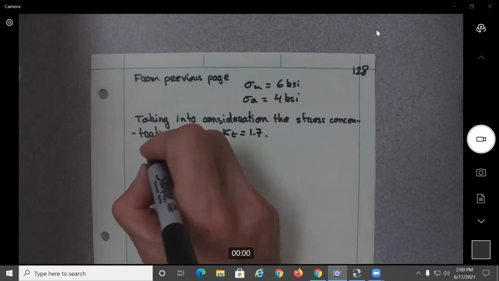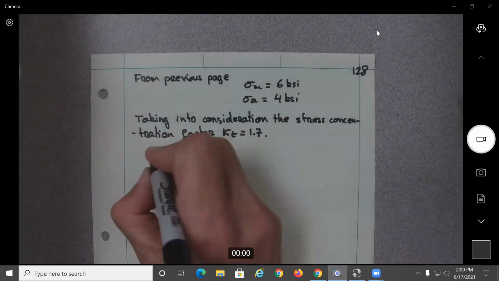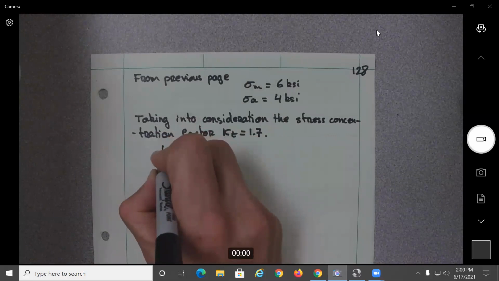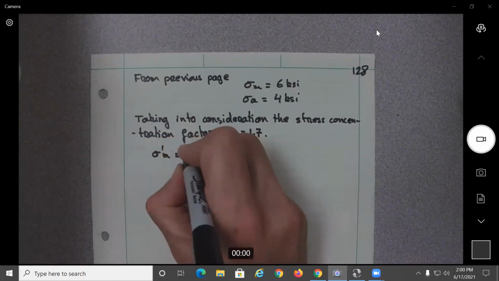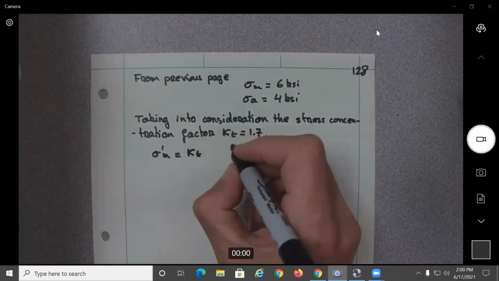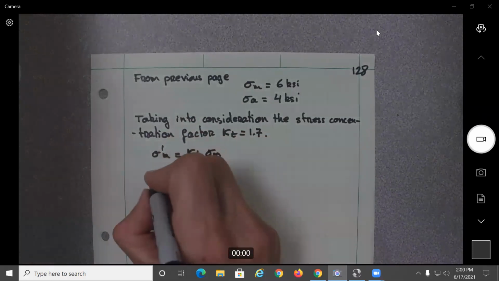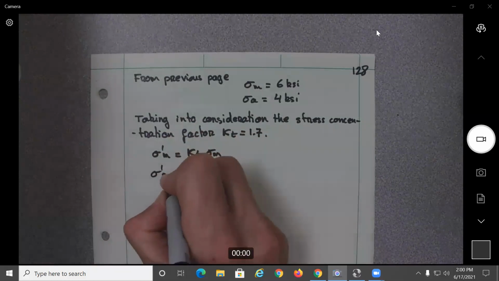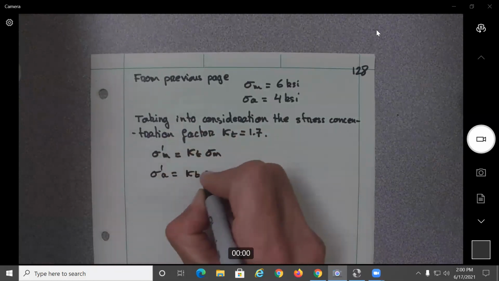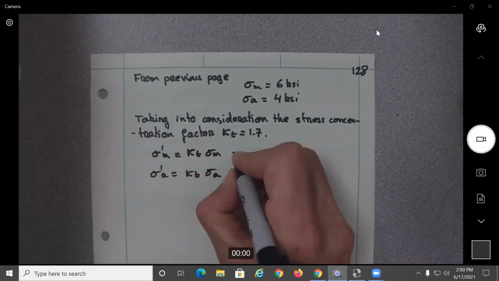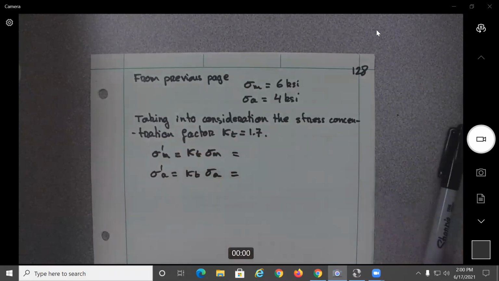We're gonna have, and I'm gonna need your help over here, that the new mid-range stress would be K of T times sigma sub M, and sigma prime A would be K of T times sigma sub A. So basically, you will increase the load by 70%.